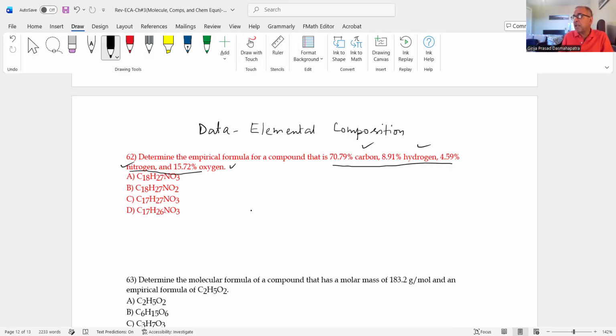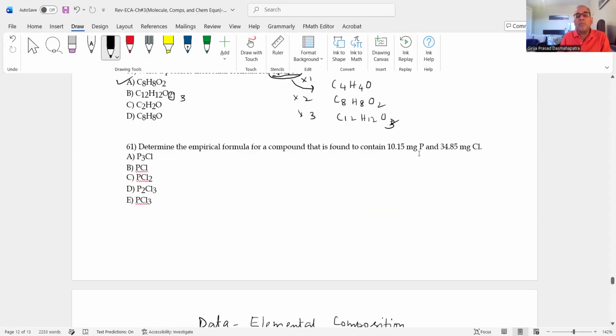So how much of each individual element is present in the compound? The question is, should it always be in percentage? Not necessarily. As long as the units are the same, that will be fine. For example, here in this problem, carbon is 70.79%, hydrogen is 8.9%, 4.59% is nitrogen, and oxygen is 17.52. But if you go to problem 61, the elemental composition is given in milligrams. Perfectly fine.